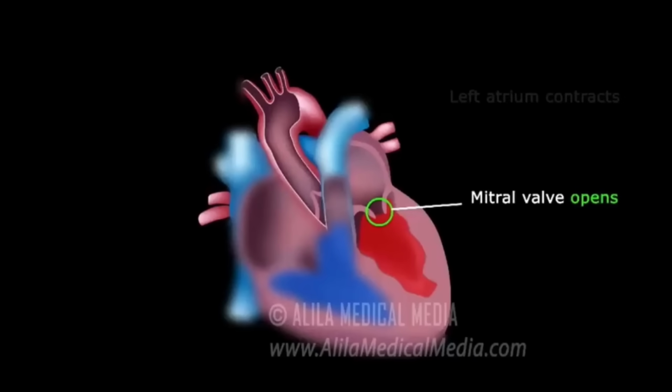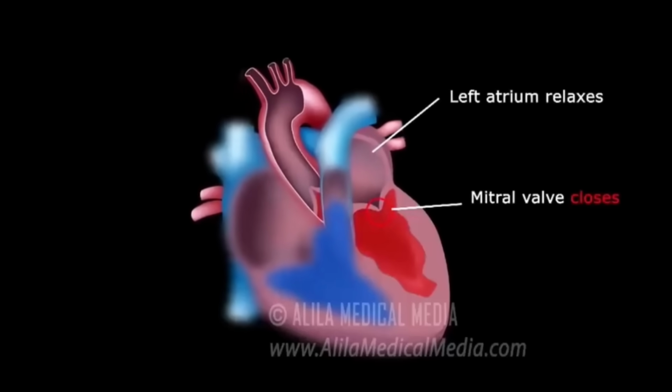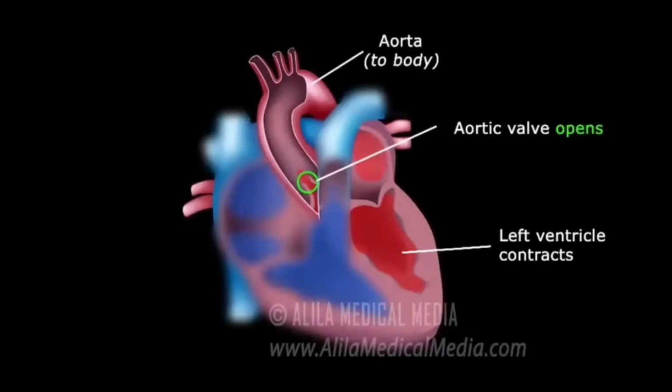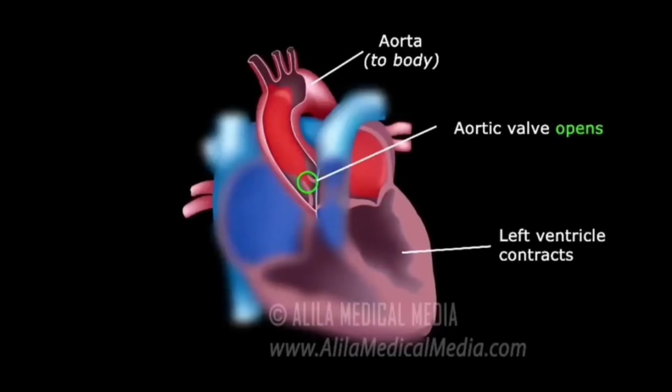As the left ventricle is full, the mitral valve closes, the aortic valve opens, the left ventricle contracts, and oxygen-rich blood is pumped into the aorta to reach all parts of your body. This happens at the same time as the right ventricle pumps blood into the pulmonary artery on the other side of the heart.